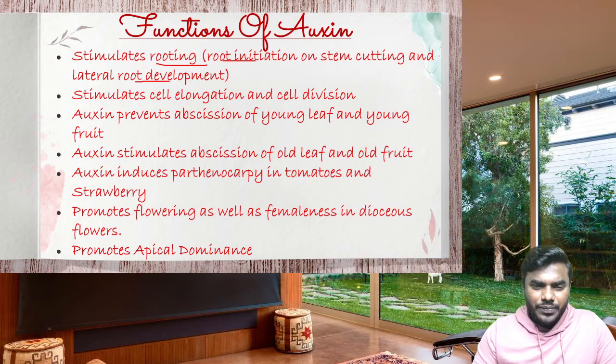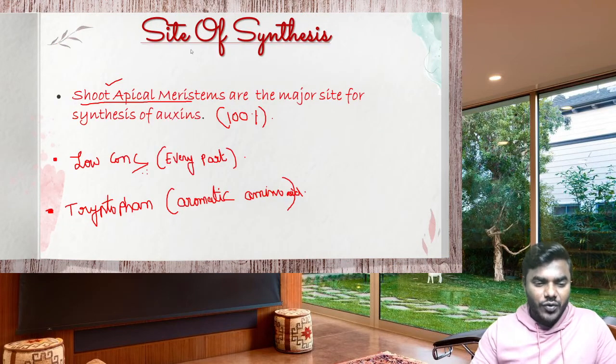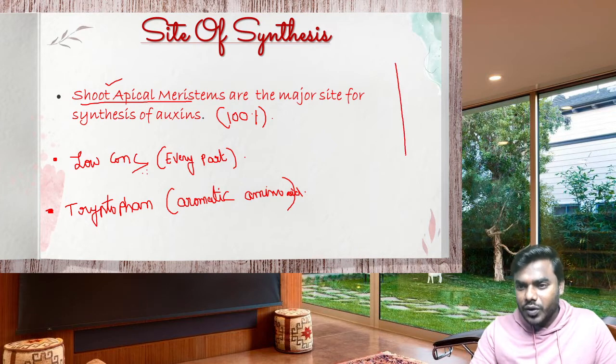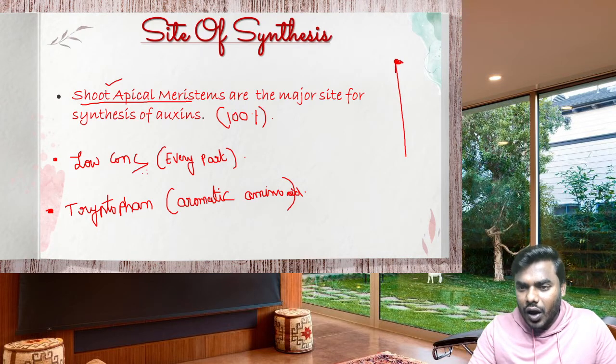So friends, everyone try to listen to what exactly I'm talking about here. It stimulates rooting. If you quickly recall my words, auxin is a rooting hormone, yes or no? Yes. Where is auxin synthesized? Auxin is synthesized in the shoot, correct? From the shoot, auxin travels to the root.